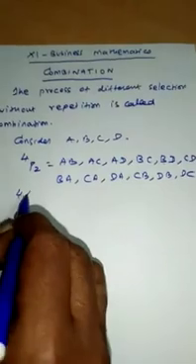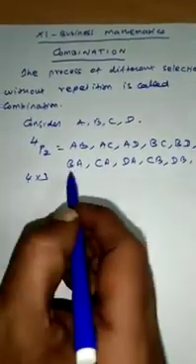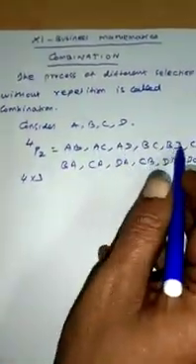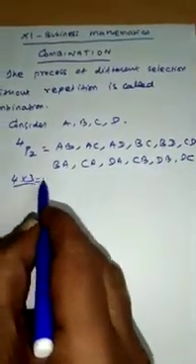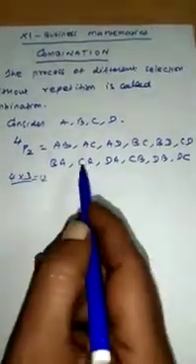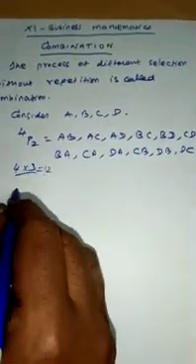This is permutation. 4 into 3, 12. Total 12 permutations. But in combination it is C.